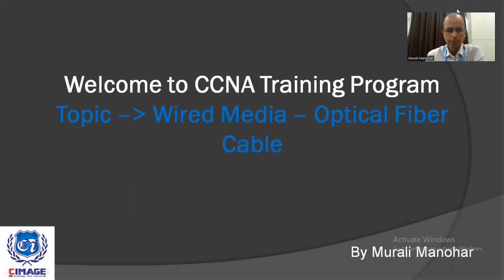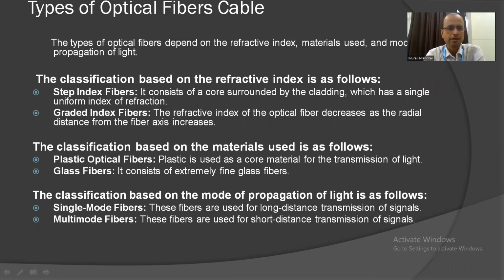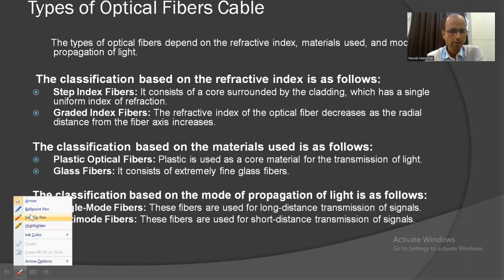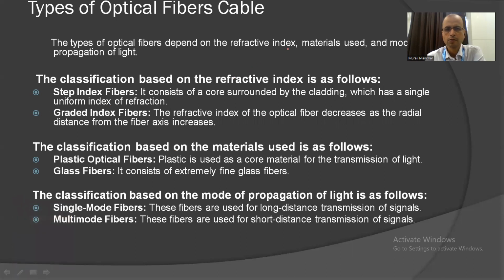So now I'm going to my next slide. Different types of fiber optic cable are based on three things that I'm going to highlight. First one is refractive index. Refractive index is related to the density of the fiber cable.